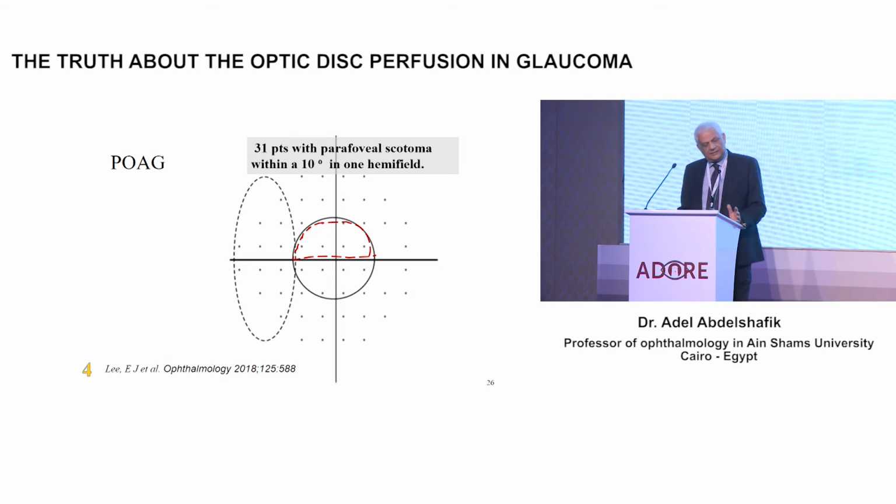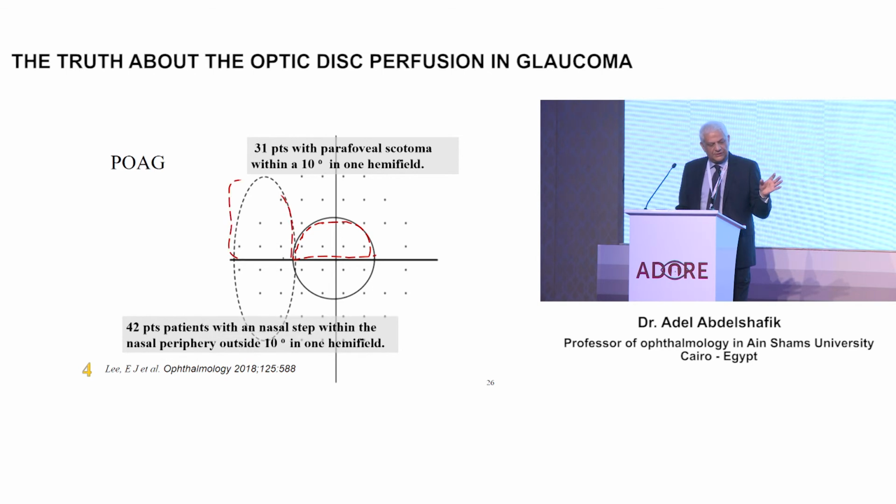Again, in this study, the authors took 31 patients with parafoveal scotoma in the central 10 degrees in one of the two hemispheres. And they compared them with another group of patients who had changes in the nasal area in one of the two hemispheres and were free in the central 10 degrees.